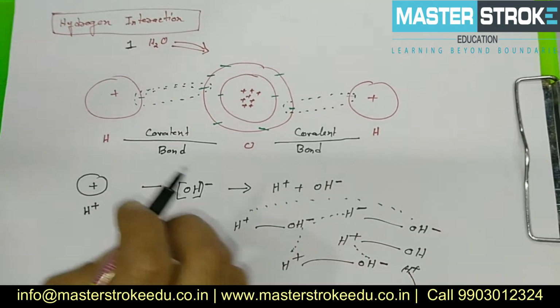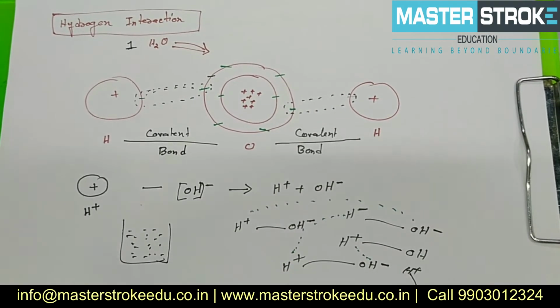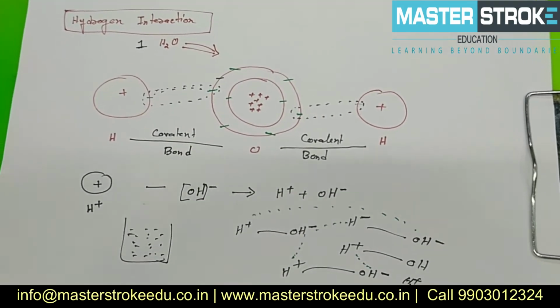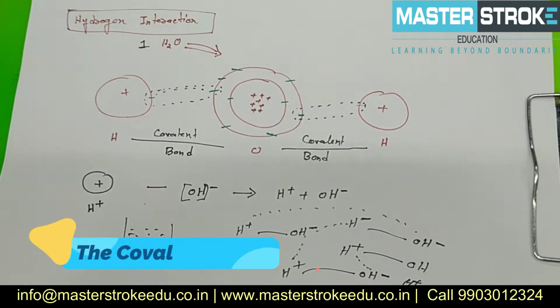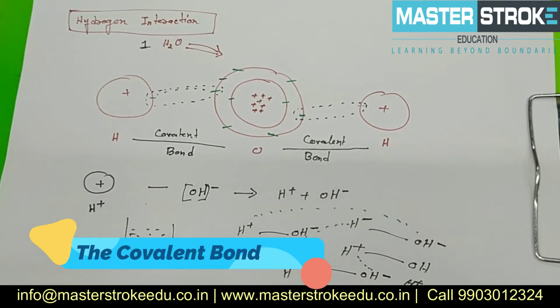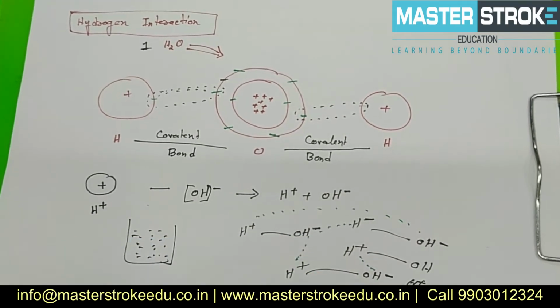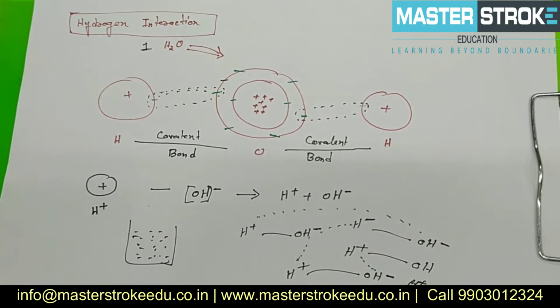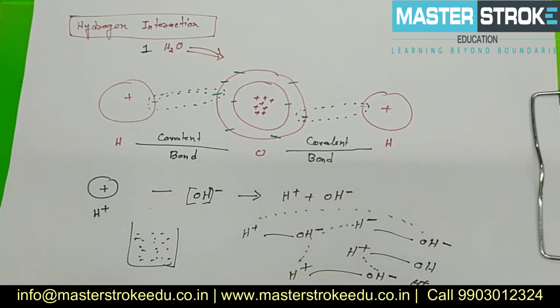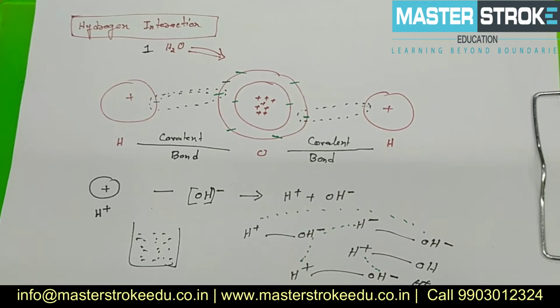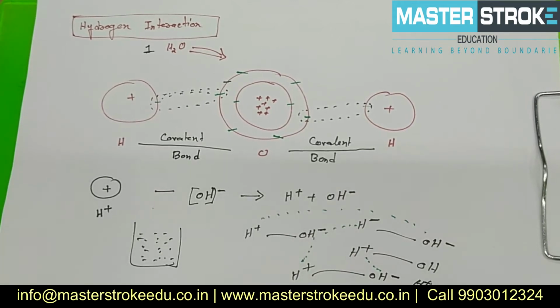What is actually happening is that the H plus ion of a water molecule is interacting, not bonding, but interacting with the OH minus of another water molecule, or the OH minus ion of a water molecule is interacting with the H plus ion of another water molecule.